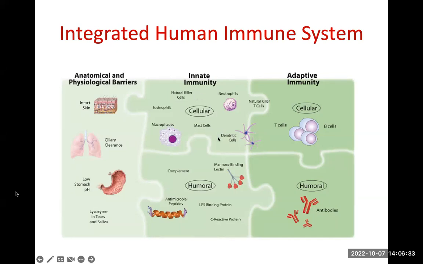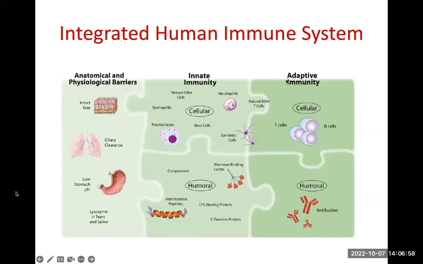They don't need any preparation to be able to effect their immune protection. You have things like complement. You have some antimicrobial peptides that are the soluble components of this innate arm of the immune system. So those ones will always be there.